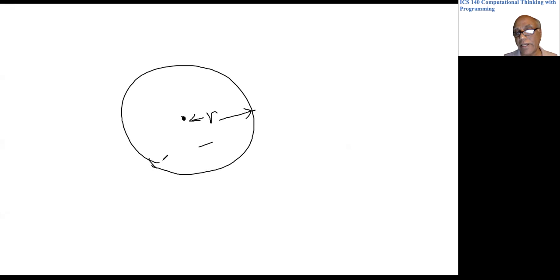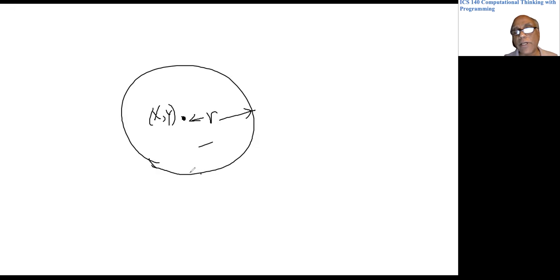But what I suggest is, well, let me say it in a different way. You want to draw a circle at a certain place, which is X comma Y. There is a value for X, there is a value for Y. The center has to be at X comma Y. Where should you go to draw?